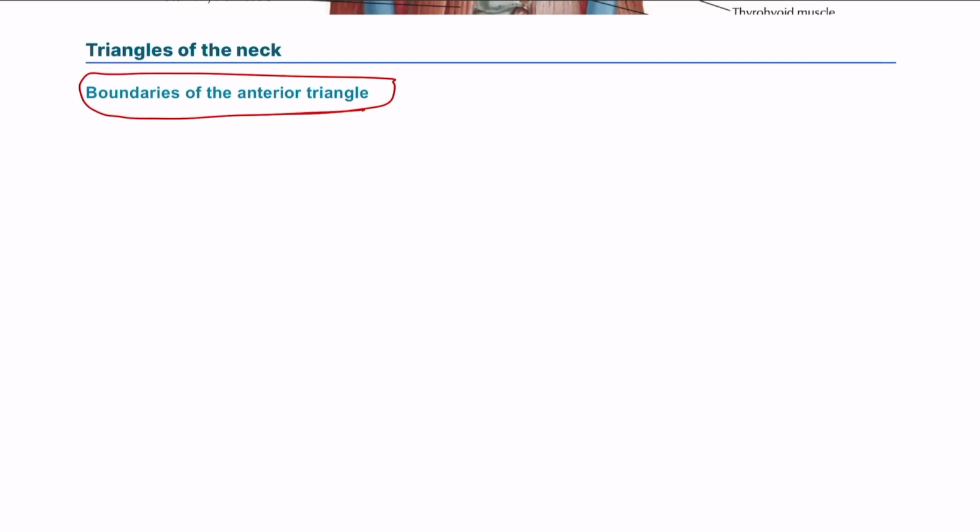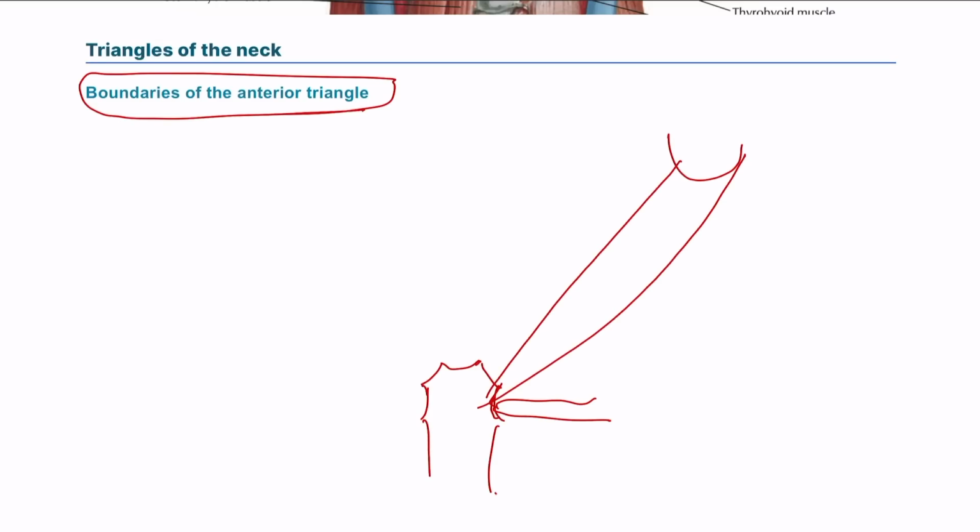If this is the mastoid process, and this is the clavicle, attached obviously to the sternum, you have a muscle coming all the way down, which is called the sternocleidomastoid muscle. Anterior to it is the anterior triangle, and posterior to it is the posterior triangle.